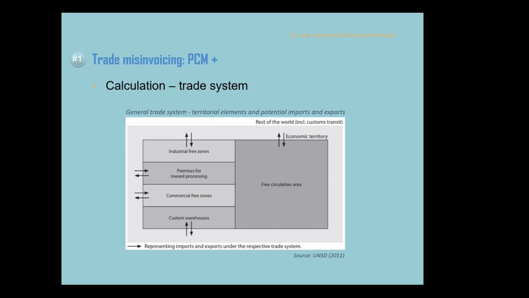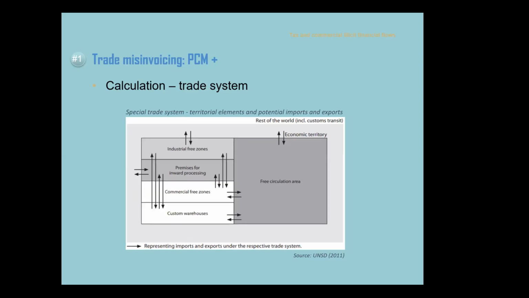So everything, and when I say everything, I mean all the goods, also services if possible, entering or leaving any of those are treated as imports and exports. So if anything comes from outside our economic territory into the free circulation area or customs warehouses or commercial free zones and so on, it is treated as imports. And anything that is leaving those five areas within an economic territory to the rest of the world is considered as exports.